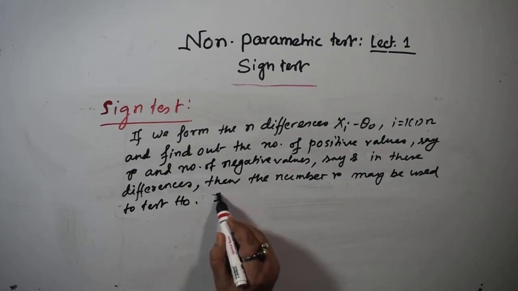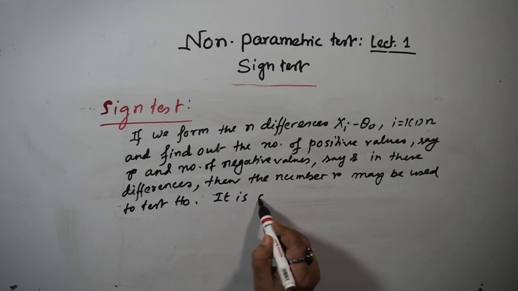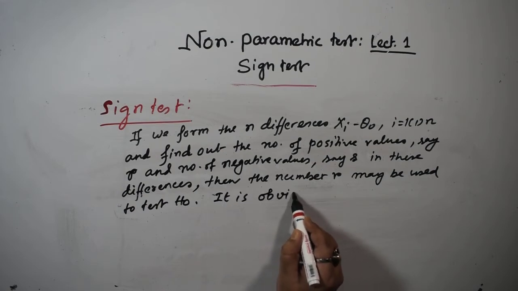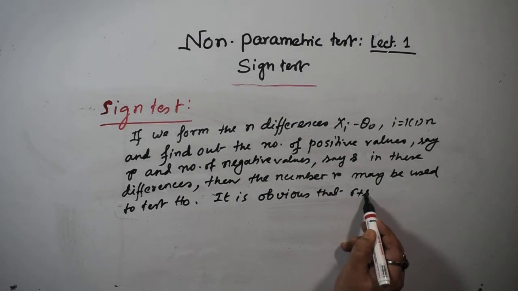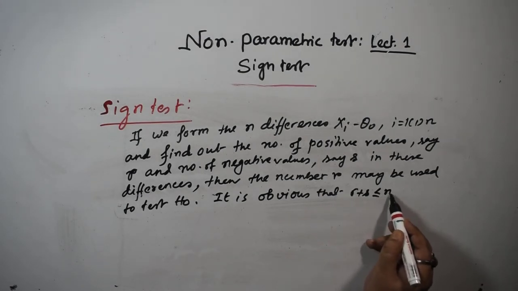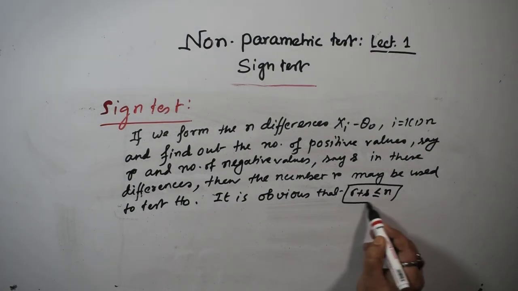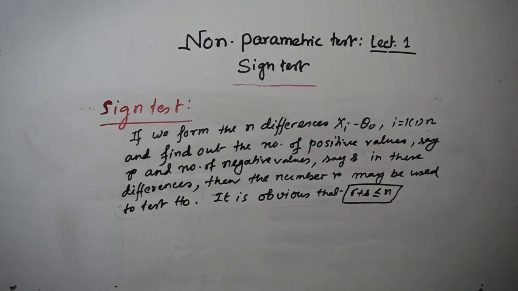It is obvious that R plus S should be less than or equal to small n, where small n is the number of observations.